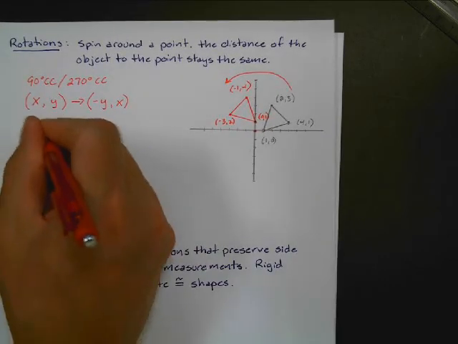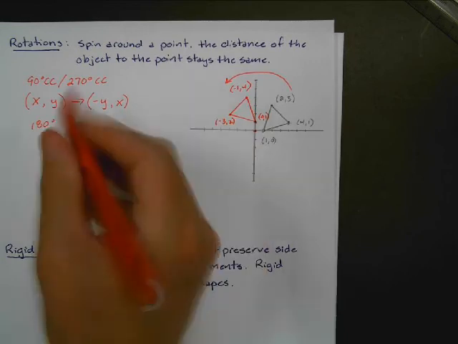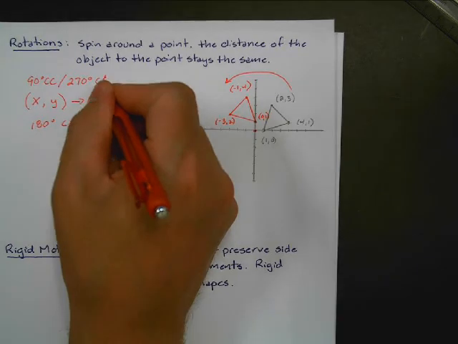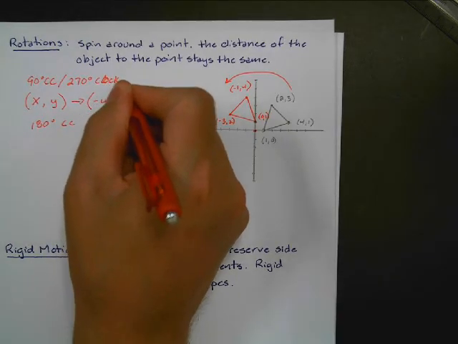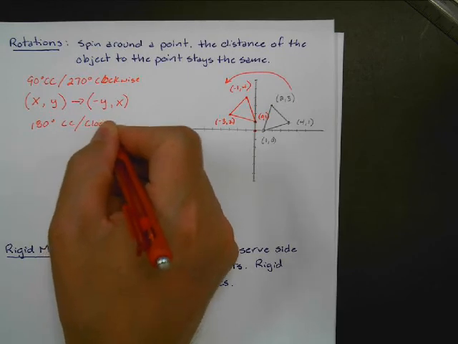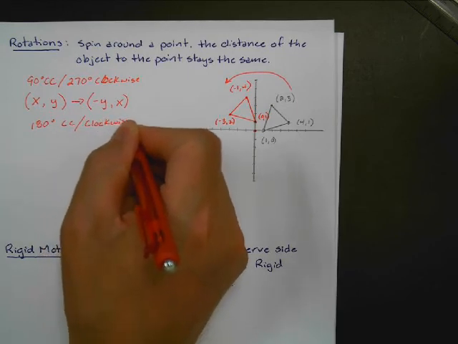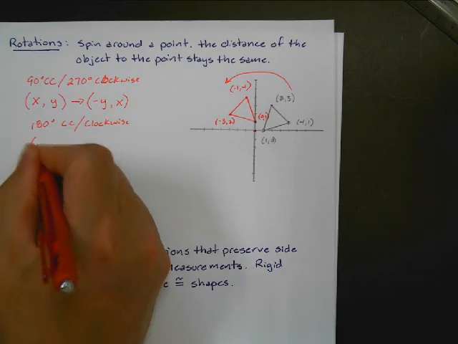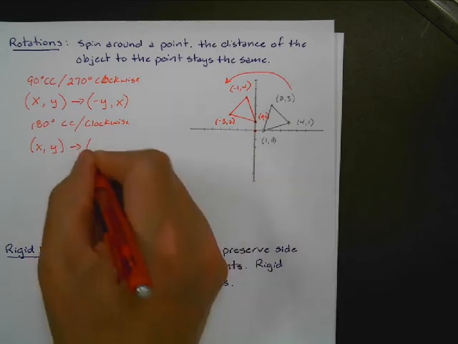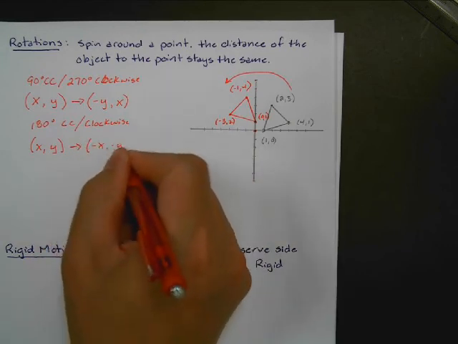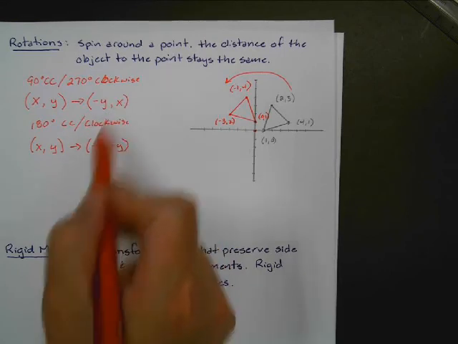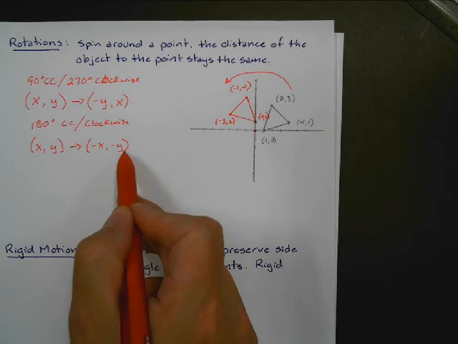180 degrees. Oh, this was supposed to be clockwise. So this one doesn't matter. So when we do this one, it would be negative x, negative y. Because look, if you do this one another 90, this would move here and change its sign, and this would move to right there.